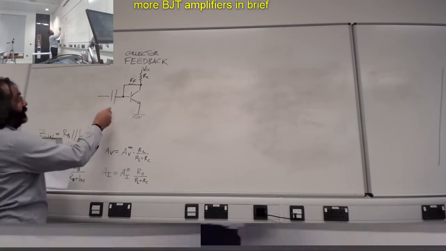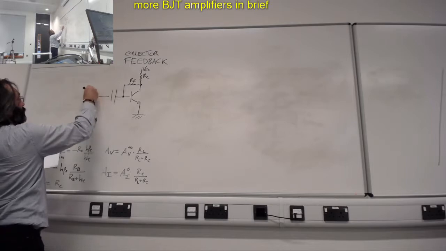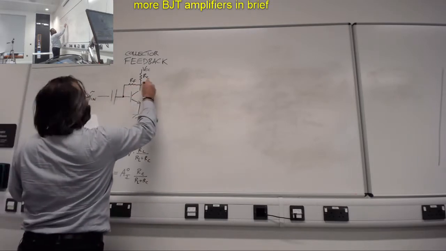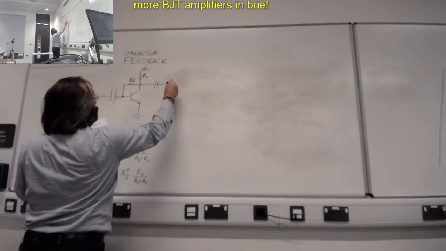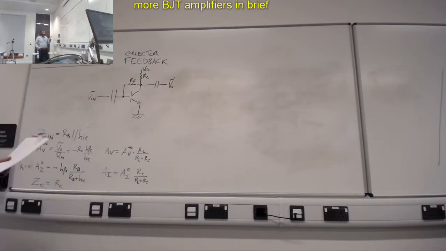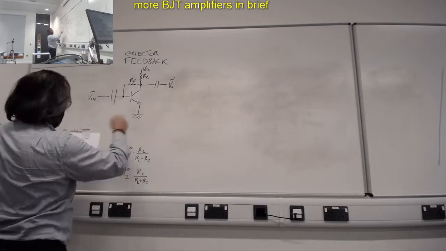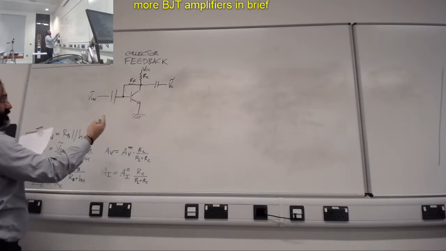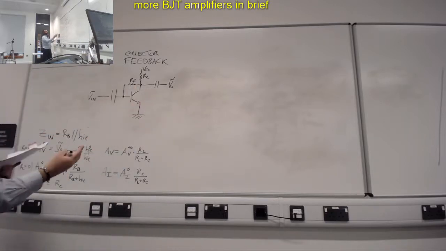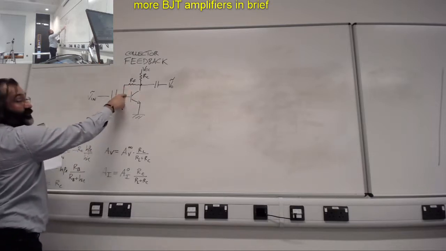So this again is V in, and this is V out. The thing that is worth mentioning here is the existence of this feedback resistor.